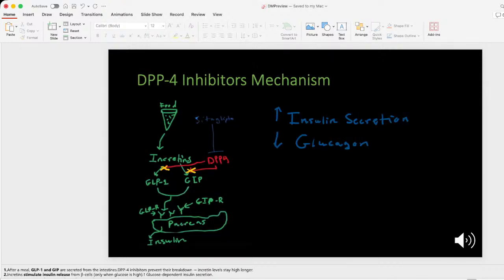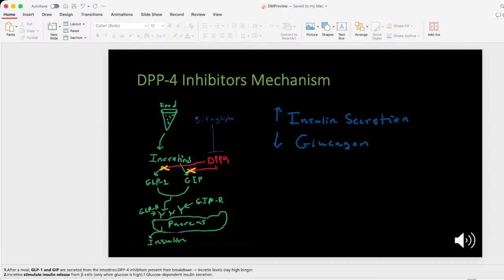So this next one is on DPP4 inhibitors. It is basically a way when patients are eating something like pizza or ice cream, food gets broken down in the gut through an enzyme called incretins. It gets broken up into different parts.